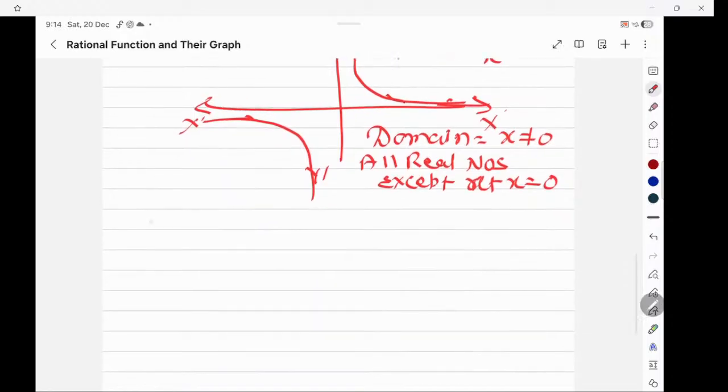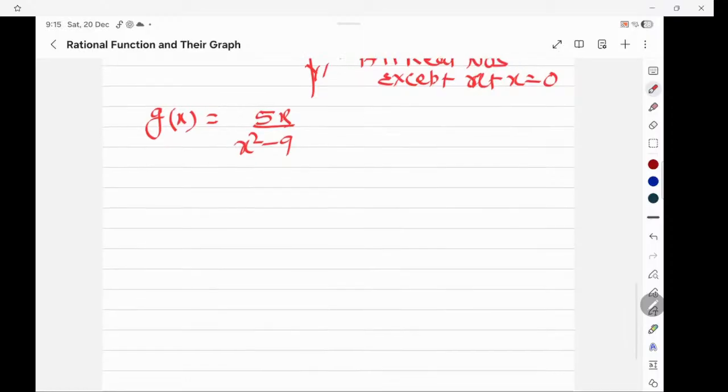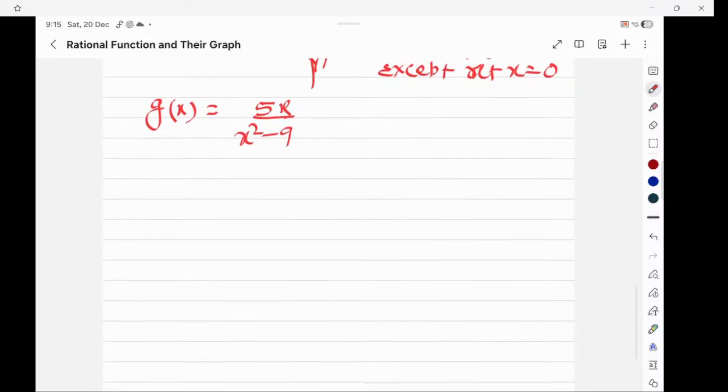Here is another example. If I take g(x) is equal to 5x over x squared minus 9, how can we find the domain of this function?